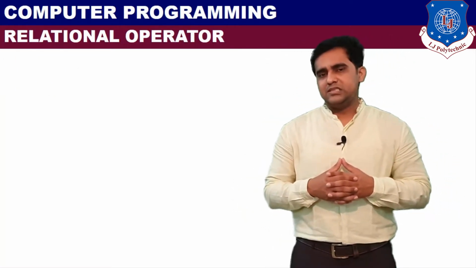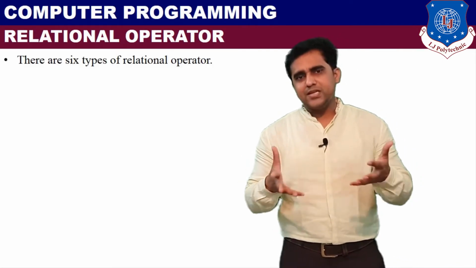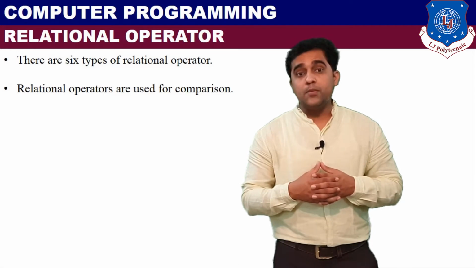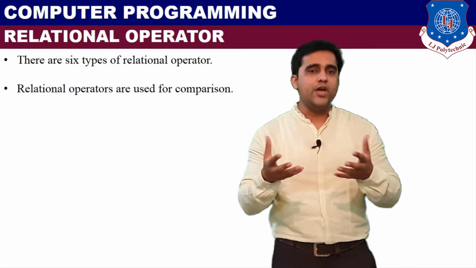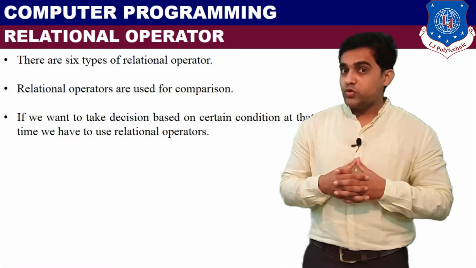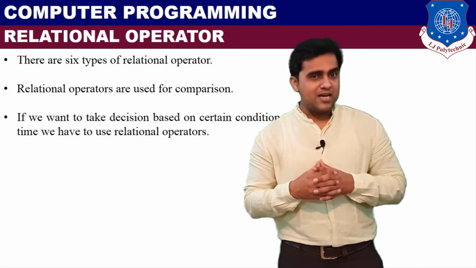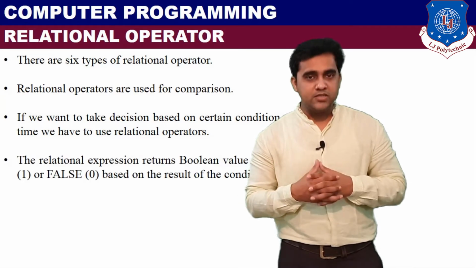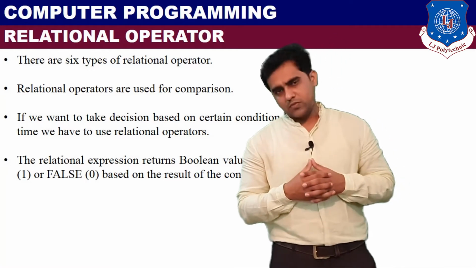Relational operators: there are a total of 6 relational operators. Basically, they are used to compare two different operands, variables, or values. They are used for comparison and give you the answer in Boolean form, meaning true, 1, or false, 0.